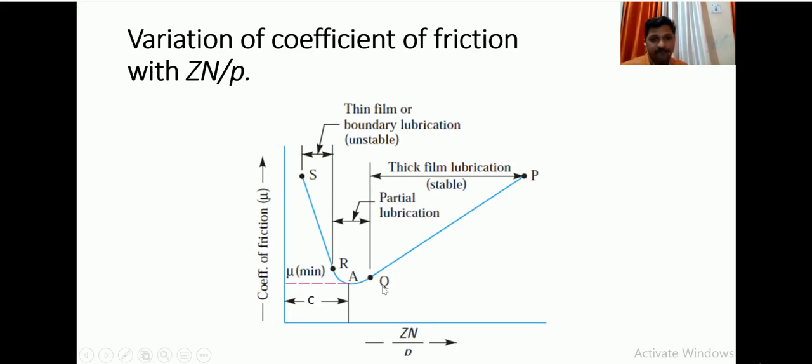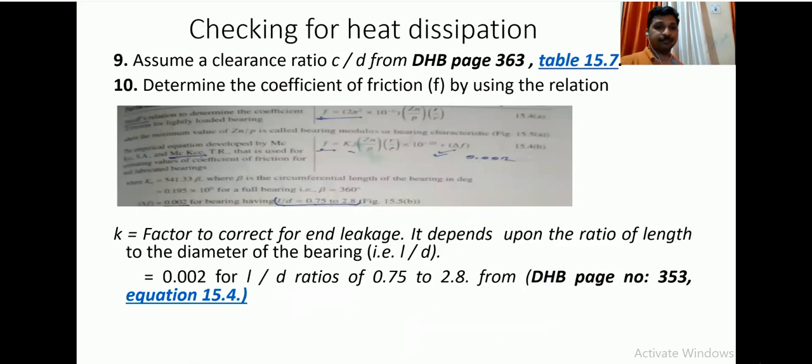So if we are on the right side of the point A, that means we are in the completely developed hydrodynamic lubrication, and if we are lying below this point A, that means we are working in the partial lubrication condition. So we always want that our operating Zn by P should be greater than C. Then we will check the bearing for the heat dissipation. For that, we will assume the clearance ratio.